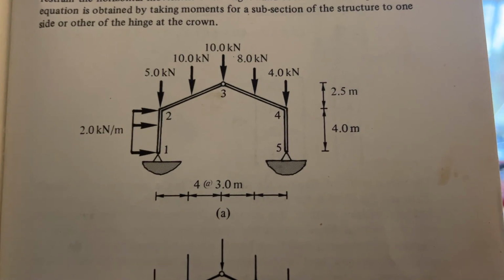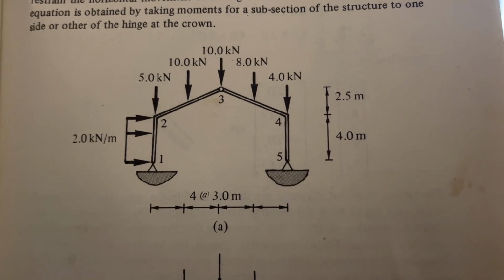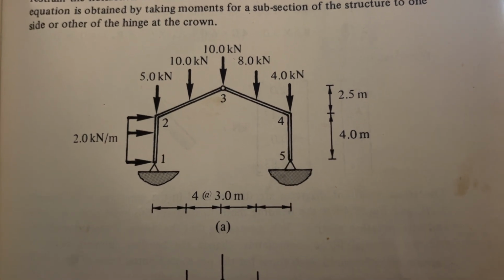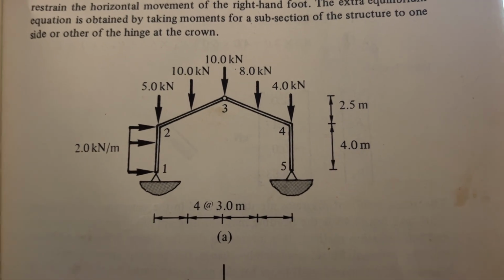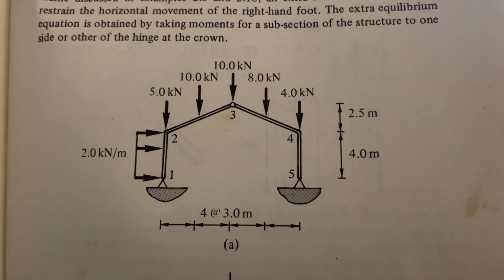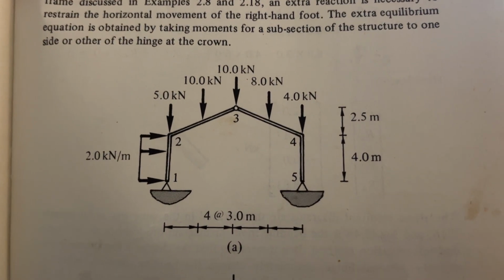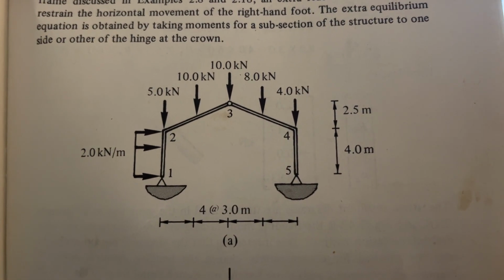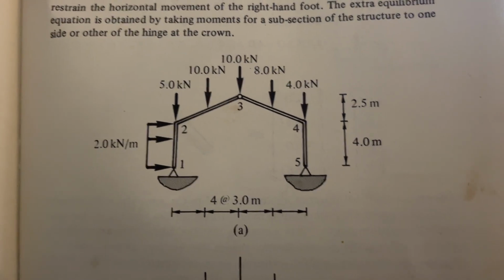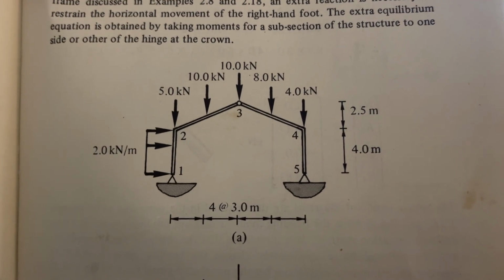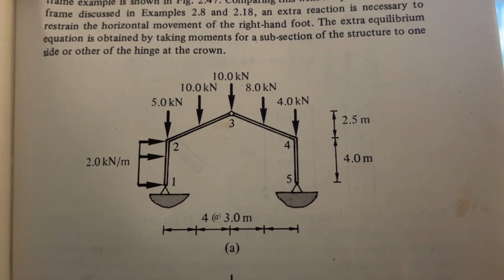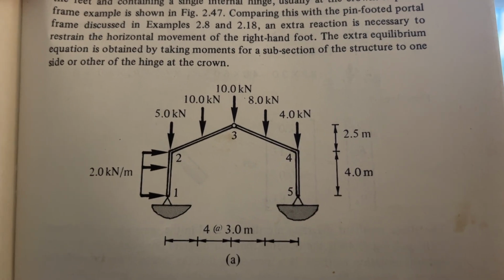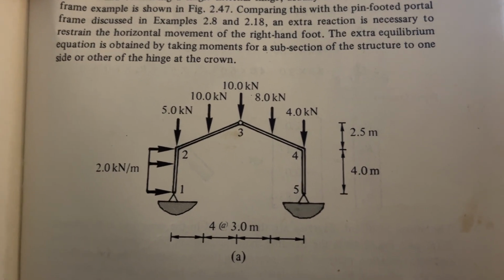So here's the example. There's full widths of 3 meters. So you've got 3, 6, and then you've got the hinge, then 9, then 12. You've got one lateral load of 2 kilonewtons per meter, then these point loads 5, 10, 10, 8, 4.